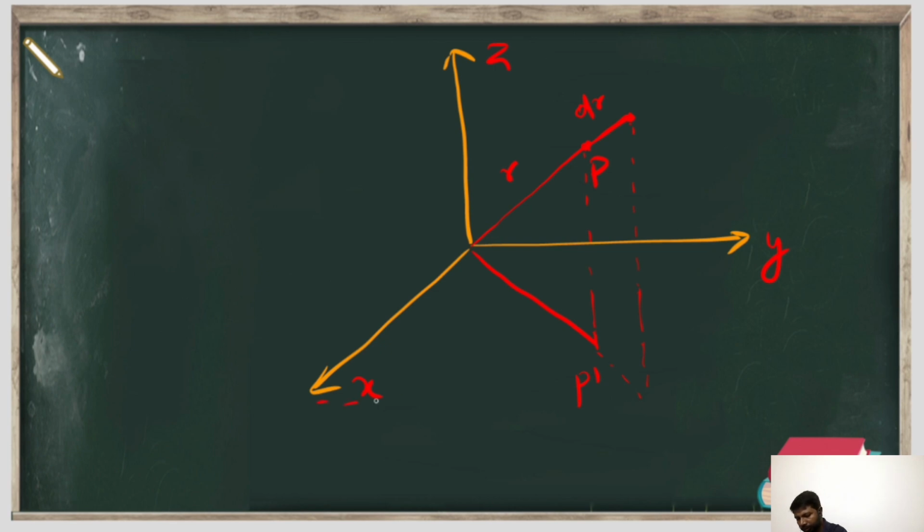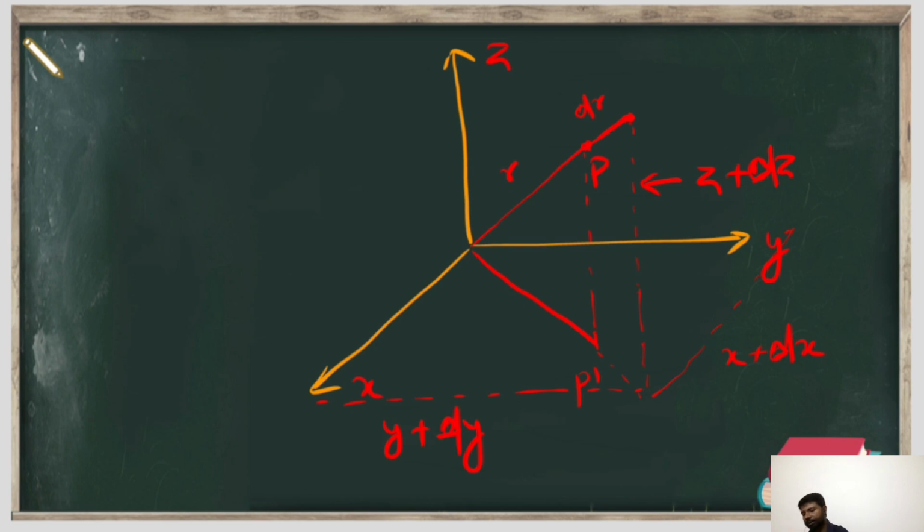We have to take projections along this, and this represents x plus delta x, and this represents y plus delta y, and the height will be z plus delta z, that is dz.